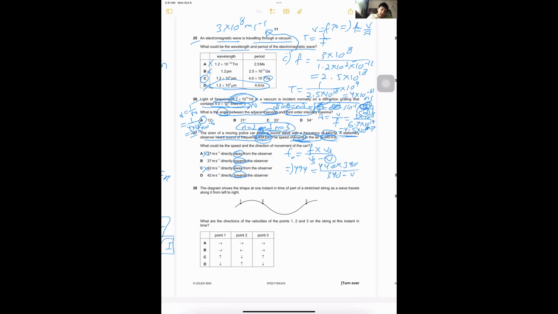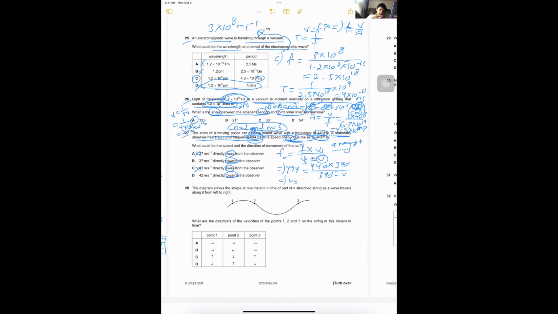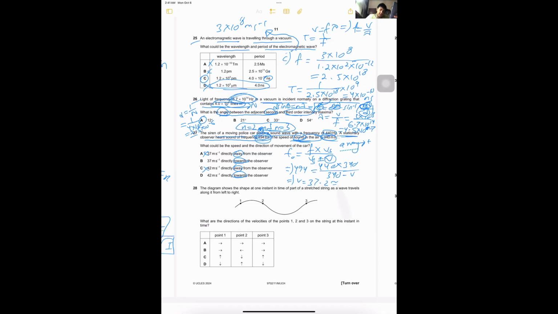If it was going away, then it would have been plus. That's just like plus minus. Or v is 340 minus 440 by 494 into 340. I am getting an answer of 37.2, which is 37 meters per second. So the answer is B.